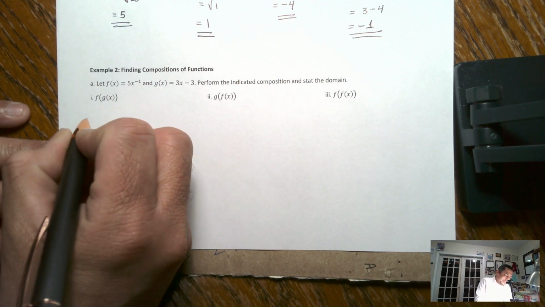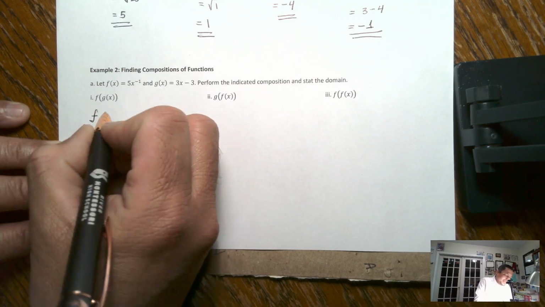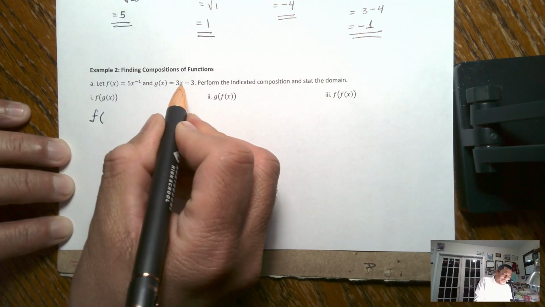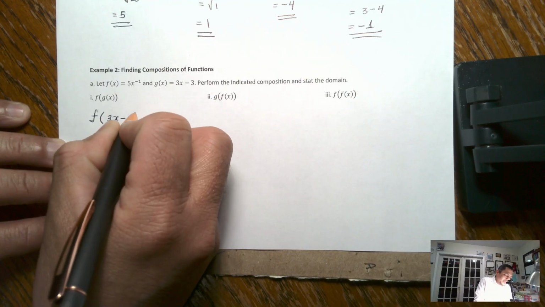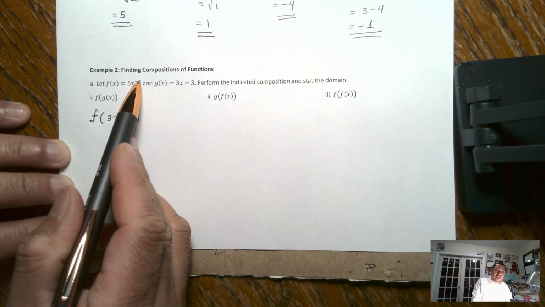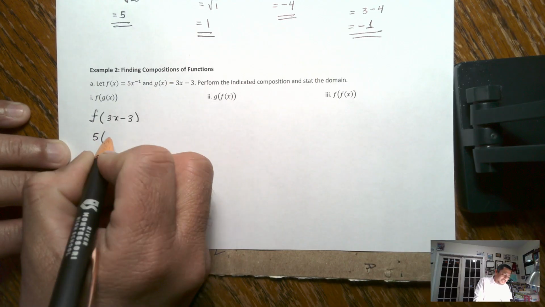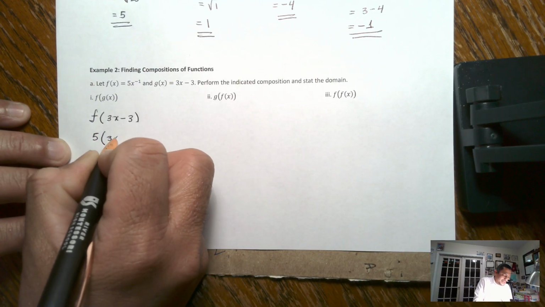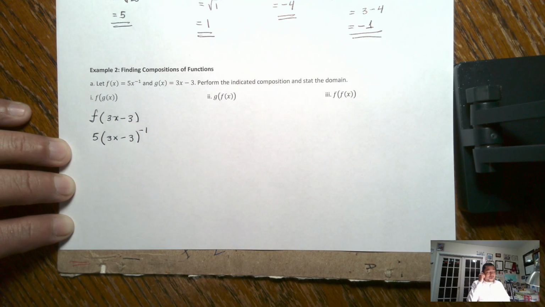So what I'm going to have here is the function f, which is g(x), 3x minus 3. Now remember that the function f(x) is 5x to the negative 1. So I'm going to have 5 times, in this case, 3x minus 3 to the negative 1. Now we have a problem here. We cannot apply the distributive property because the exponent is negative.